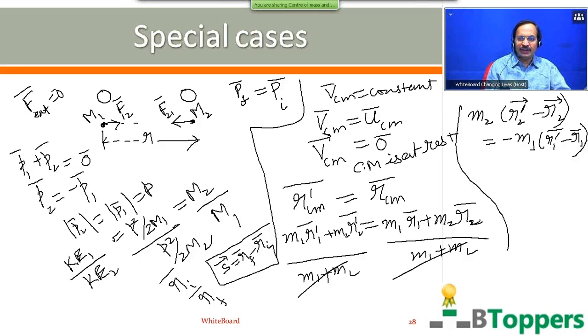Here R1 bar is the position vector of the initial position of M1. R1 dash bar is the position vector of the final position of M1. So R1 dash bar minus R1 bar gives you the displacement vector of M1. R2 dash bar minus R2 bar gives you the displacement vector of M2. So I will continue my discussion in my next class.